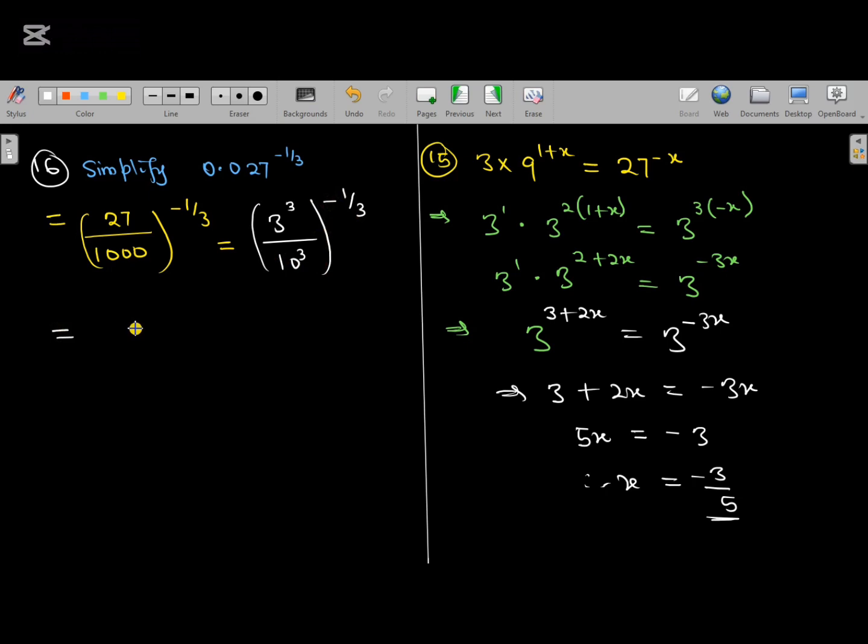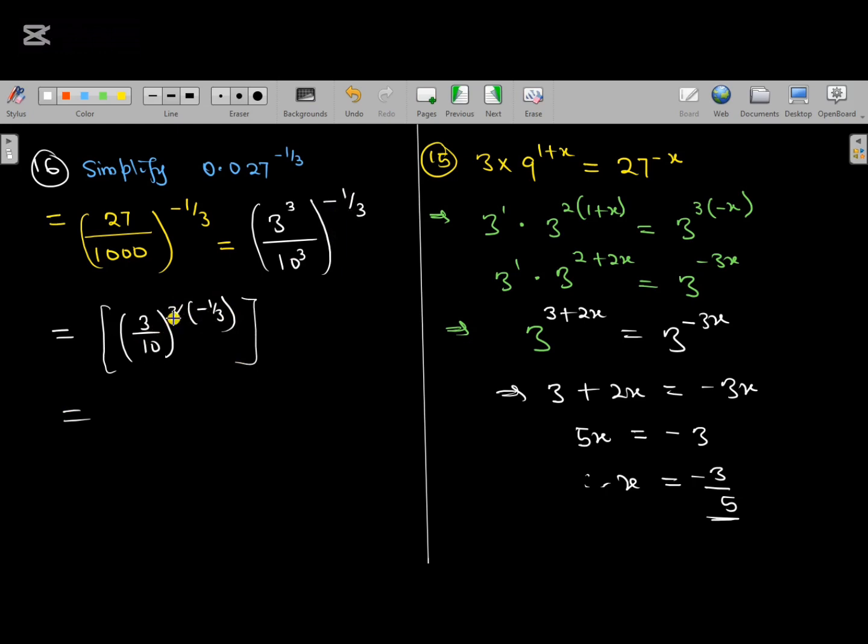And remember what I said about distributivity of power over division. So I can actually bring out the power 3 that is upon 3 and 10 this way. And when I do, it will now multiply the already existing power, which is minus 1 over 3. Okay, and you are done.